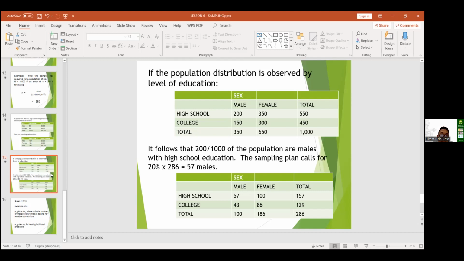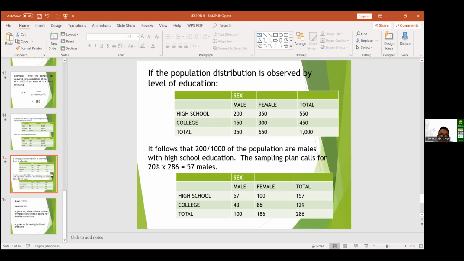So, ilan daw ang lalaki na high school student? 200 ang lalaki na high school divided by 1,000 silang lahat, that's 20%, times 286 yung aking sample size. So, 57. So, I will ask 57 male high school students to participate in my study.